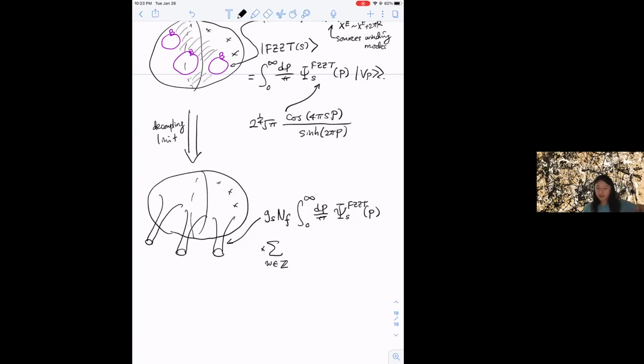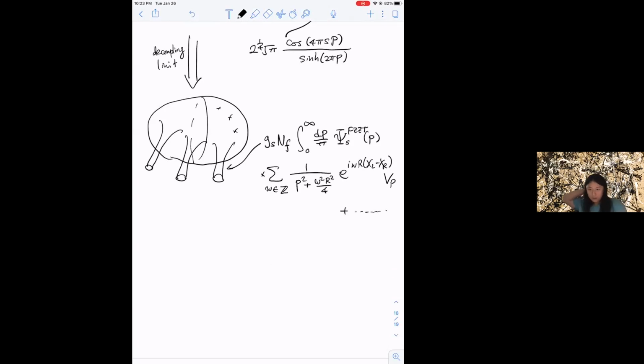For each primary winding state, when you integrate over the moduli, there's a propagator 1 over p squared plus the mass squared, which is W squared R squared over 4. And then the winding vertex operator, e to the i W R (x left minus x right), the left and right moving part of the Euclidean time free boson, times the Liouville vertex operator, plus descendants, also things that involve oscillators.